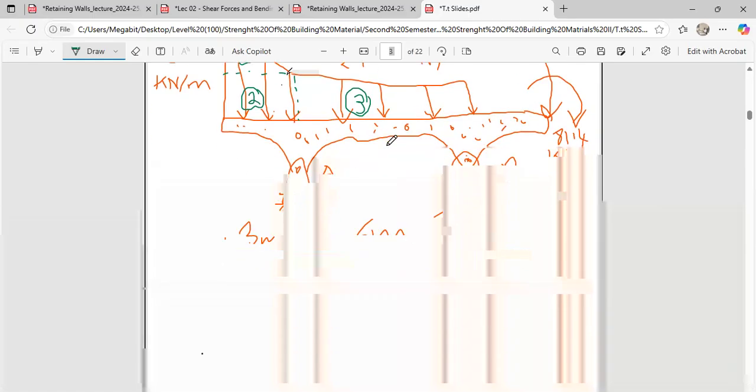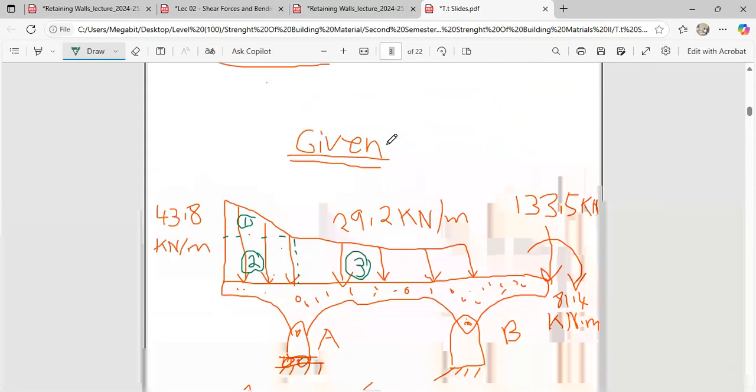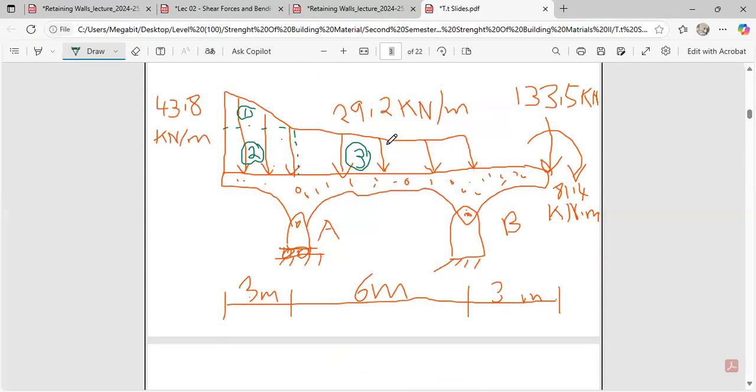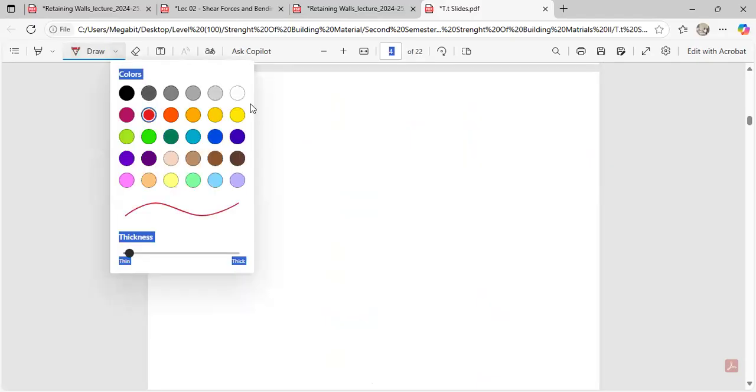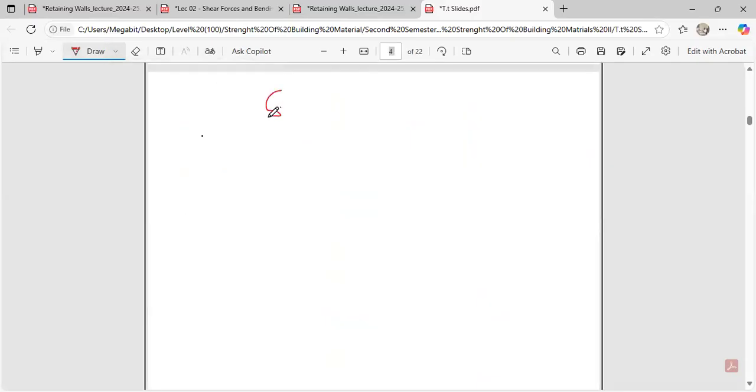So we are coming to our solution. We just finished with our given. So this is our solution.